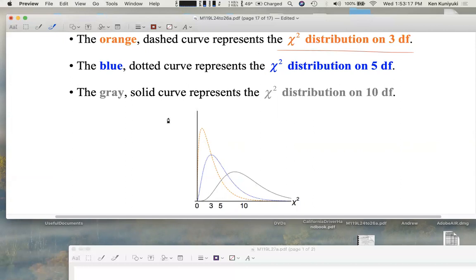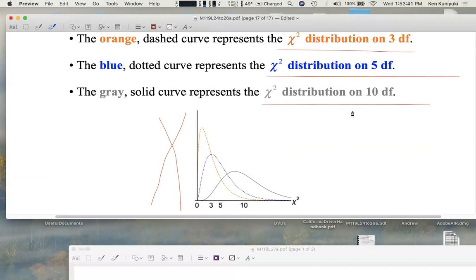Again, you cannot take on negative values. These guys are out. And the curve peaks a bit to the right of 0. Then it falls off. In blue, this dotted blue curve, that's for the chi-square distribution on 5 degrees of freedom. And in gray, you see the chi-square distribution on 10 degrees of freedom.